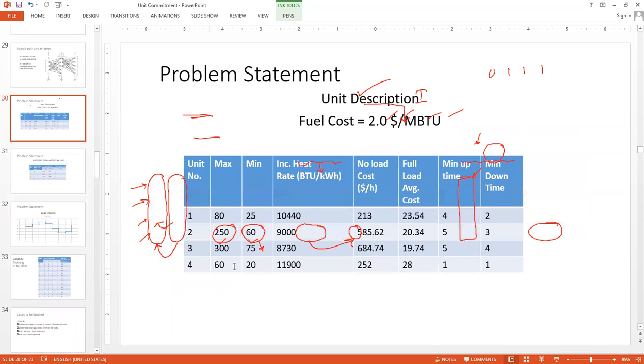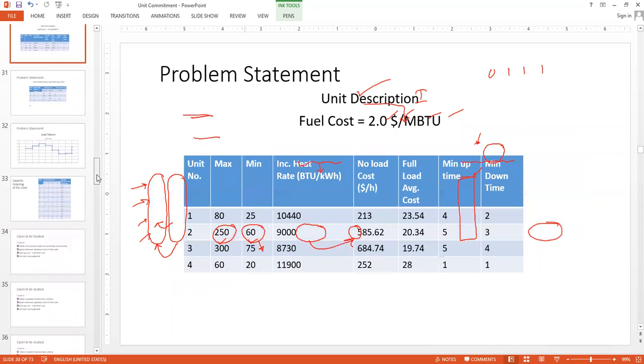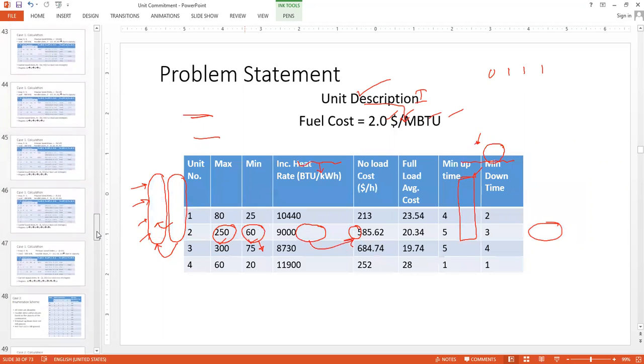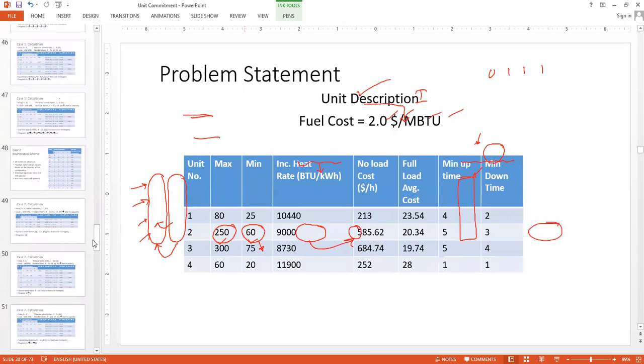For unit number 4, the minimum is 20, so we can take 20. If I take 20, then it makes it 320. So what I'm saying is I'm taking 300 megawatts from unit 3 and 20 megawatts from unit 4. My demand is 450, so the remaining is 130.